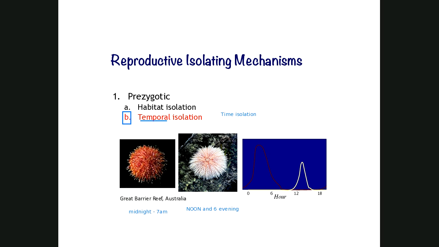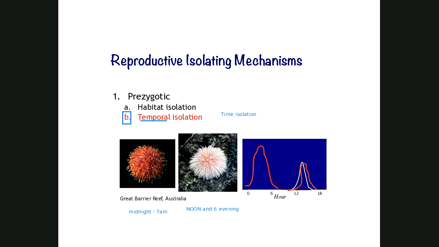So what they're doing is they're separated by time. If you look at this graphic, it shows that the red species releases its sperm and egg at one time of the day, and the other species releases its sperm and egg at the other time of day. So they're isolated from one another.